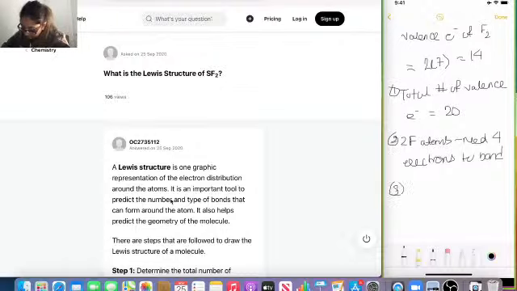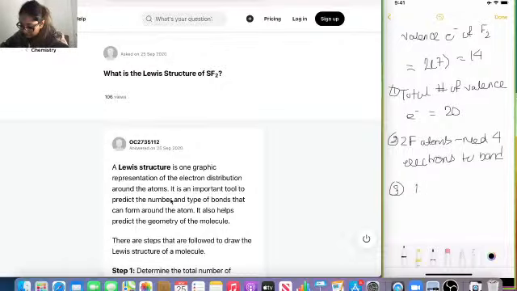The third step would be to determine the number of lone pair electrons. So the remaining electrons are used as lone pairs for central or terminal atoms to achieve an octet to finish the Lewis dot structure.